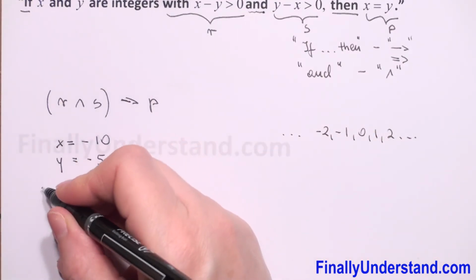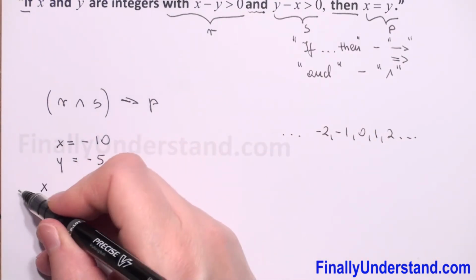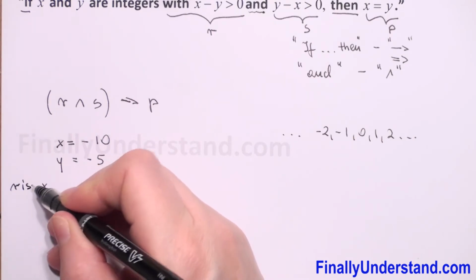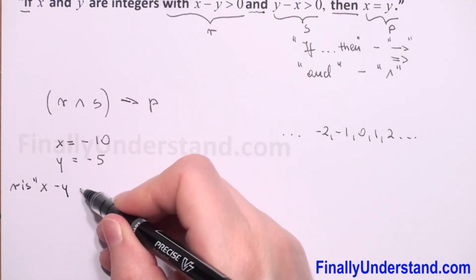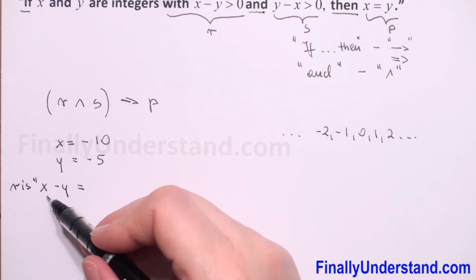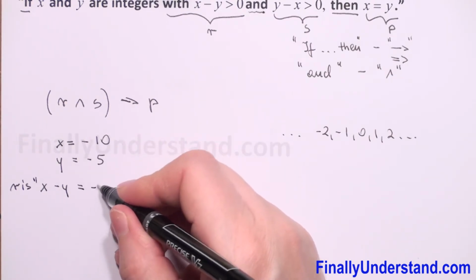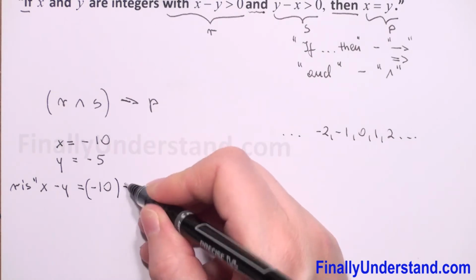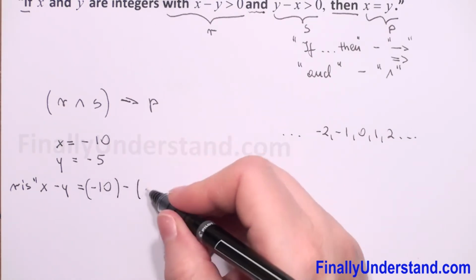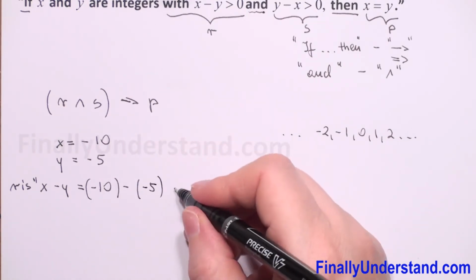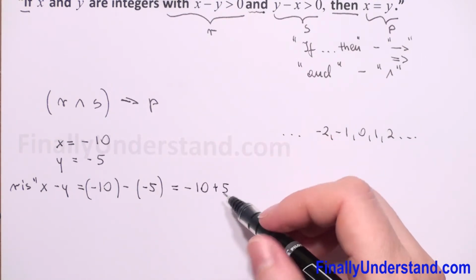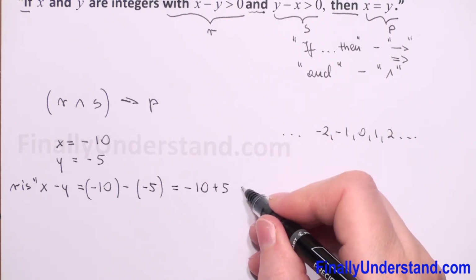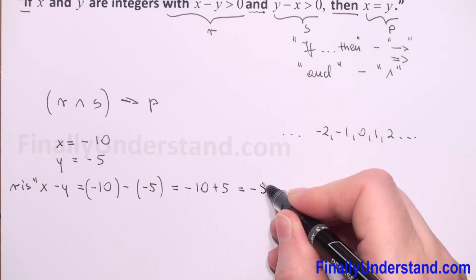So now r is x minus y. Our r is x minus y, so x is -10 minus -5. This is equal to -10 plus 5, which is equal to -5.